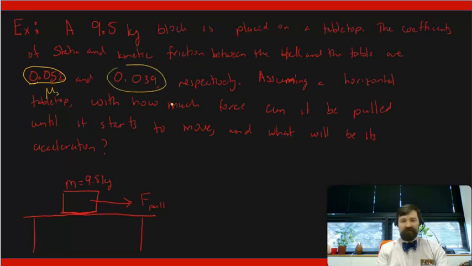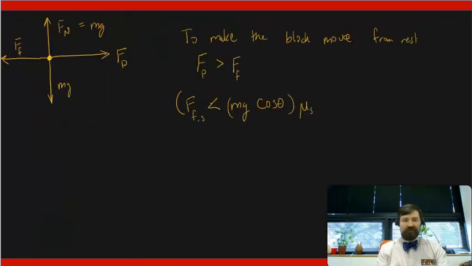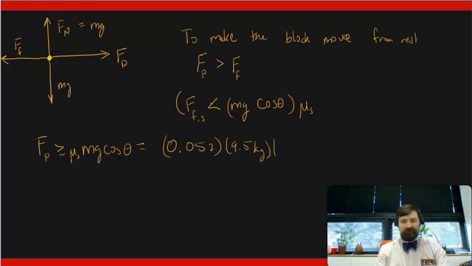The coefficient of kinetic friction is this term right here. And of course, this right here is the mass of the block. So plugging everything in, we basically could say something like force pull needs to be greater than mg cosine theta times mu s, and so that is 0.052 for mu s times 9.5 kilograms for m times 9.8 meters per second squared for g times the cosine of 0 degrees for that tabletop.